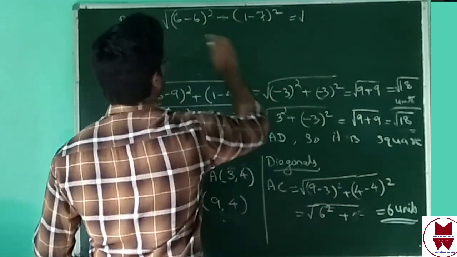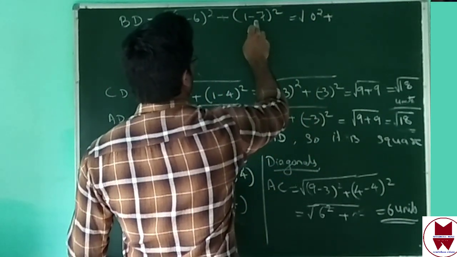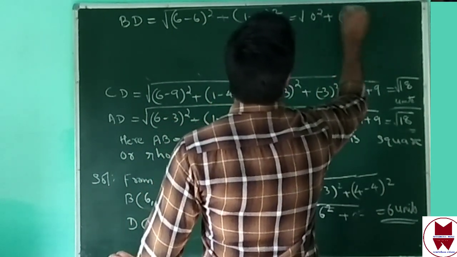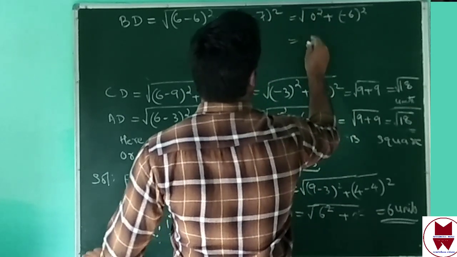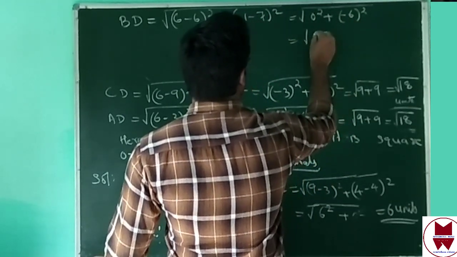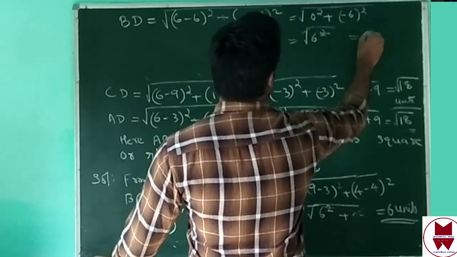Square root of 6 minus 6, 0 square. Then 1 minus 7, minus 6 square. 0 square no need to write. Then remaining square root of minus 6 all square, minus into minus plus, then 6 square. Square root and square cancel, you will get 6.